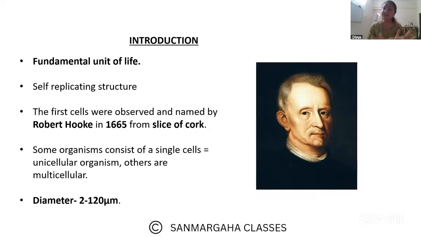Each cell has a different size and structure. The diameter of the cell varies from 2 to 120 micrometers. The smallest cell is the sperm cell, and the largest cell is the ovum.